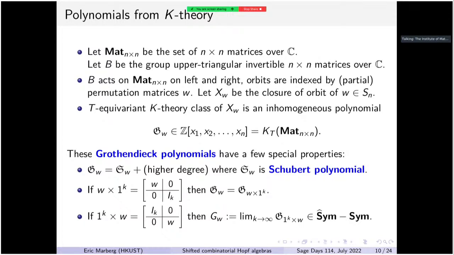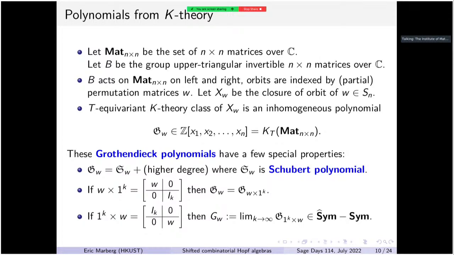That's one stability. The second piece of stability is that if you instead take your permutation and add a bunch of fixed points to the beginning, so you put w in the lower right part of the matrix, then as you make k larger and larger, two things happen.